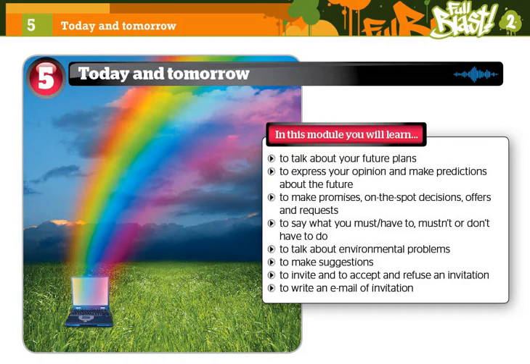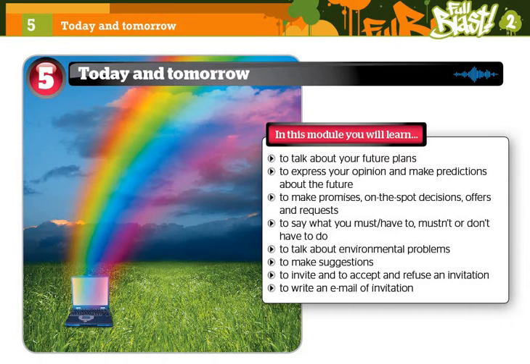So in this module you will learn to talk about future plans, okay? To express your opinion and make predictions about the future, right? To make promises on the spot, decisions, offers and requests, right?